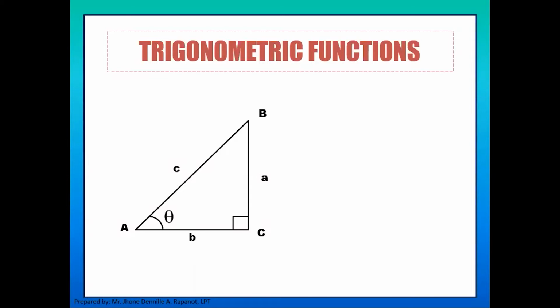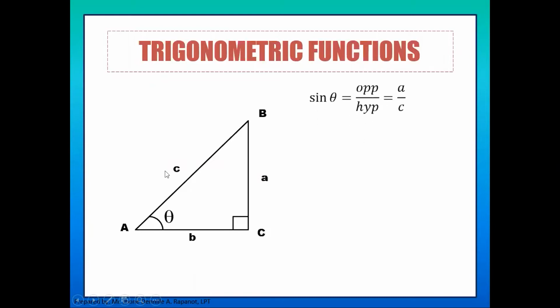We already know how to identify your hypotenuse. That is just the longest side in your right triangle. Now, let's identify the equation for your sine theta here. From what you've learned earlier, sine is equal to opposite over hypotenuse. So your opposite in reference to your angle theta is A, and your hypotenuse is C.